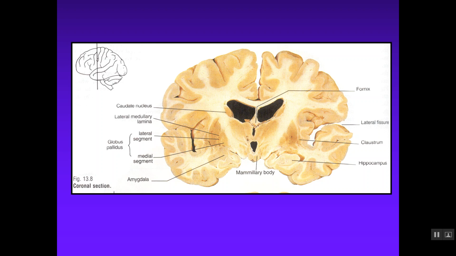In a frontal view section, that's corona radiata, and then here's internal capsule right here. Here's the thalamus. Here's the lenticular nucleus, putamen, globus pallidus internus and externus right there. Here's a little subthalamic nucleus you can see on each side here.